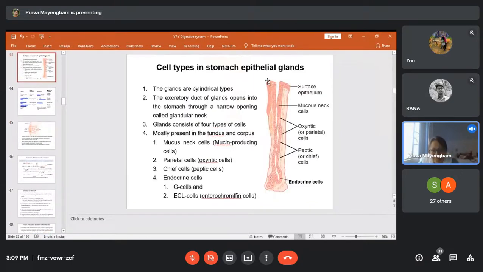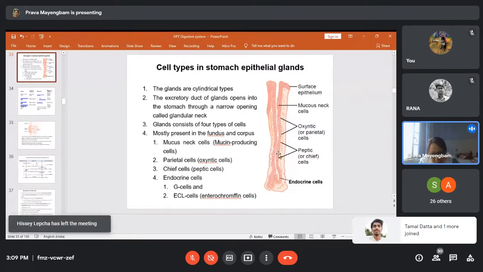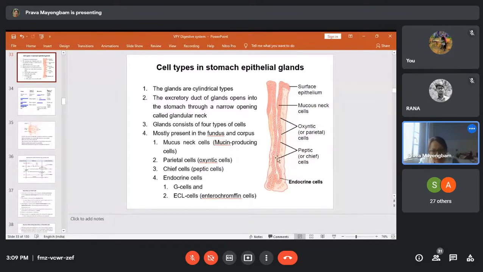The gland is one whole gland like this, going inside the mucosa of the stomach, and the gland has different cells. Here we are talking about the chief cells, the peptic cells.